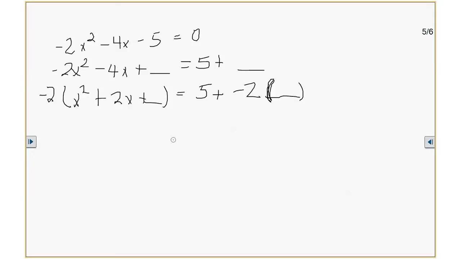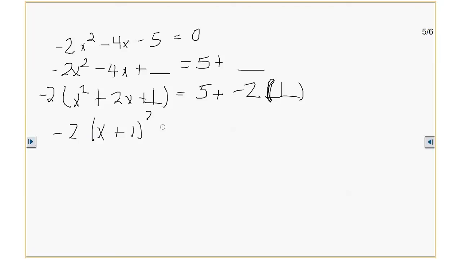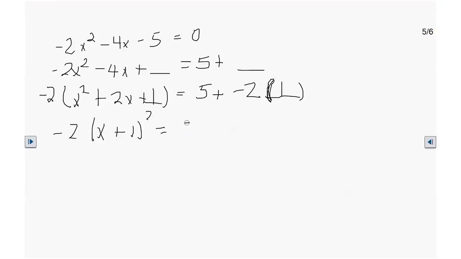This is so frustrating having to write with the mouse. Half of 2 is 1, 1 squared is 1. Might want to check yourself on a calculator with that. -2 times x plus 1 quantity squared equals 3.